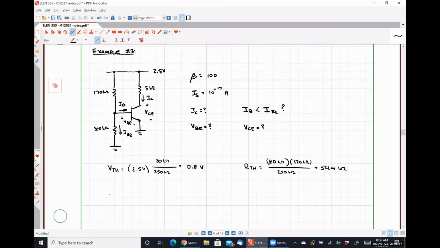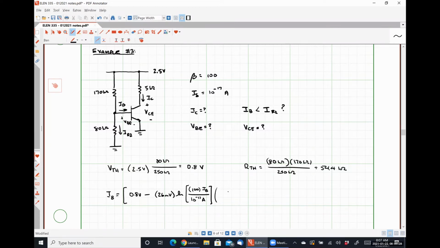From this, our base current is VTH, which is 0.8 volts, minus VT, 26 millivolts, times the natural log of beta, 100, times IB divided by IS, which is 10 to the negative 17 amps.